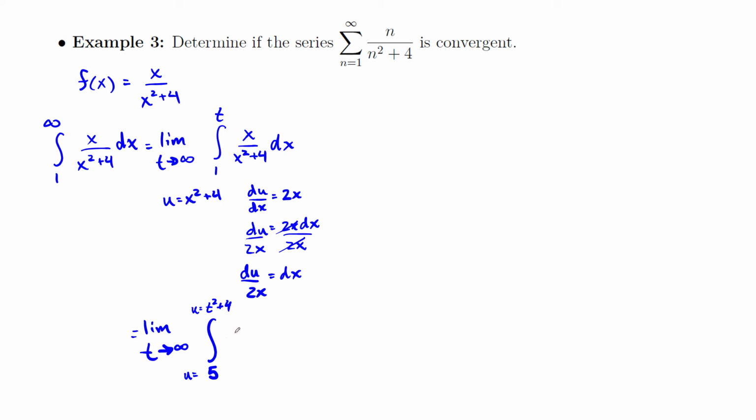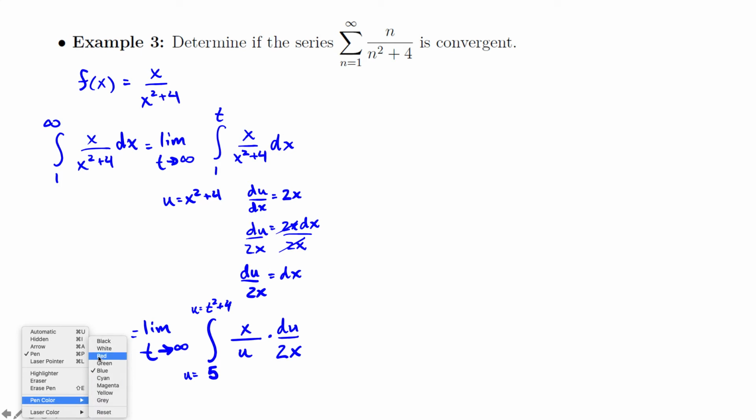And then here we have x over u, because x squared plus 4 became u, and then dx became du over 2x. So my x's cancel. And then we can, of course, pull our 2 out in front.